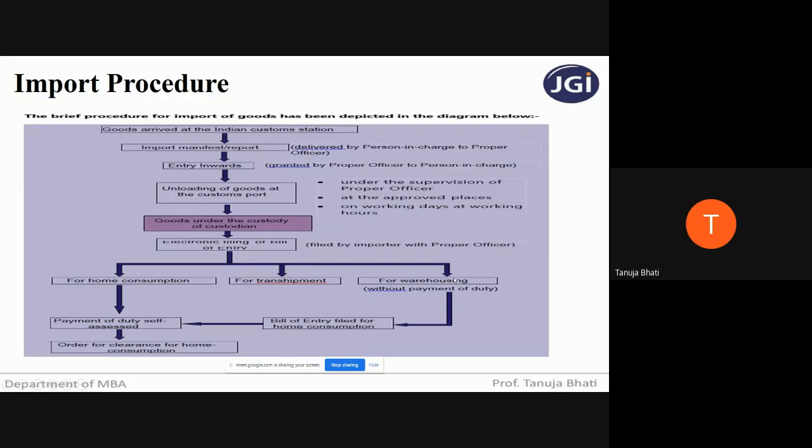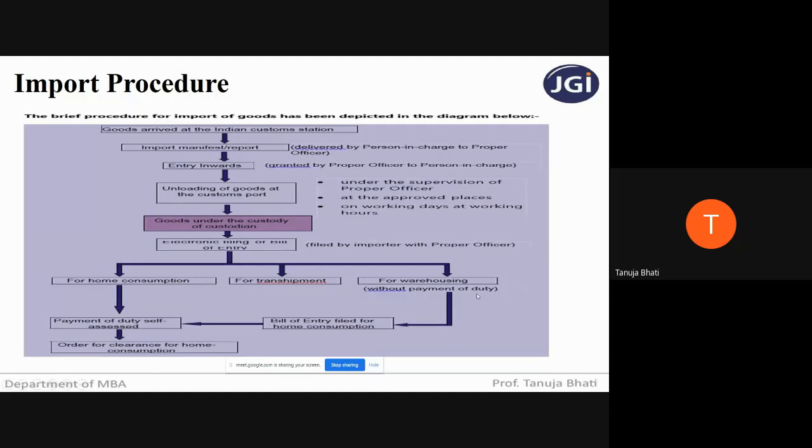Or for warehousing. Warehousing means that for some reason the importer cannot take the goods home or clear them for home consumption, and for some period of time wants to keep the goods in the warehouse. So the goods can be cleared for warehousing as well, and this can be without payment of duty.